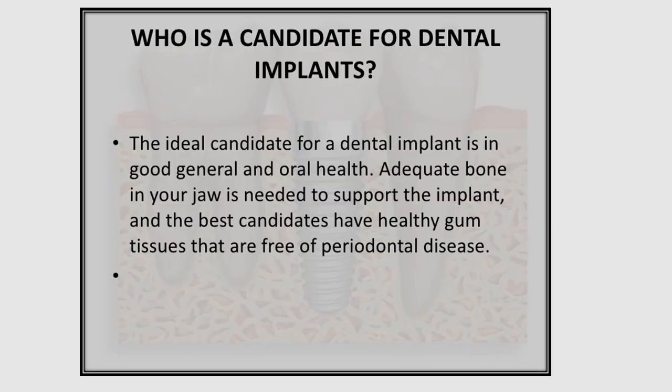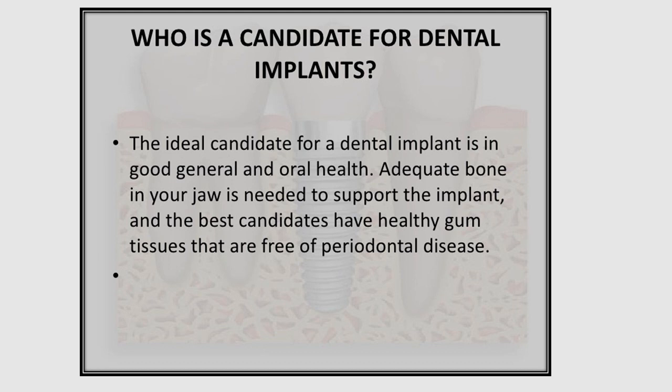So who is the ideal candidate for a dental implant? Basically, a person that possesses good general and oral health. Good general health means that he or she should be free from any kind of systemic or debilitating disease.